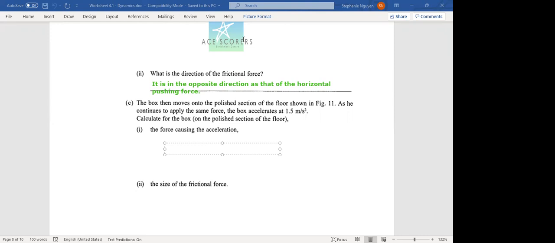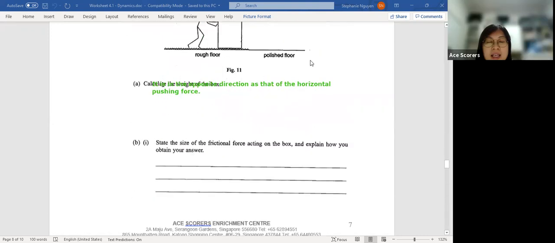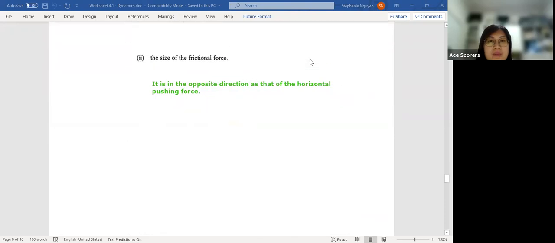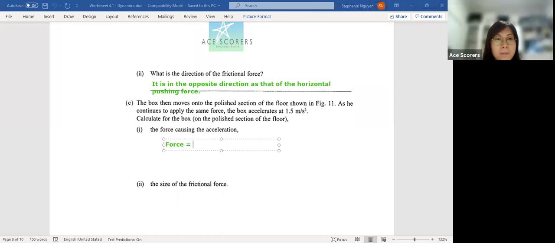The mass is given as 20 kg. Yeah, 20 kg, and the acceleration is 1.5. So which formula do you use?